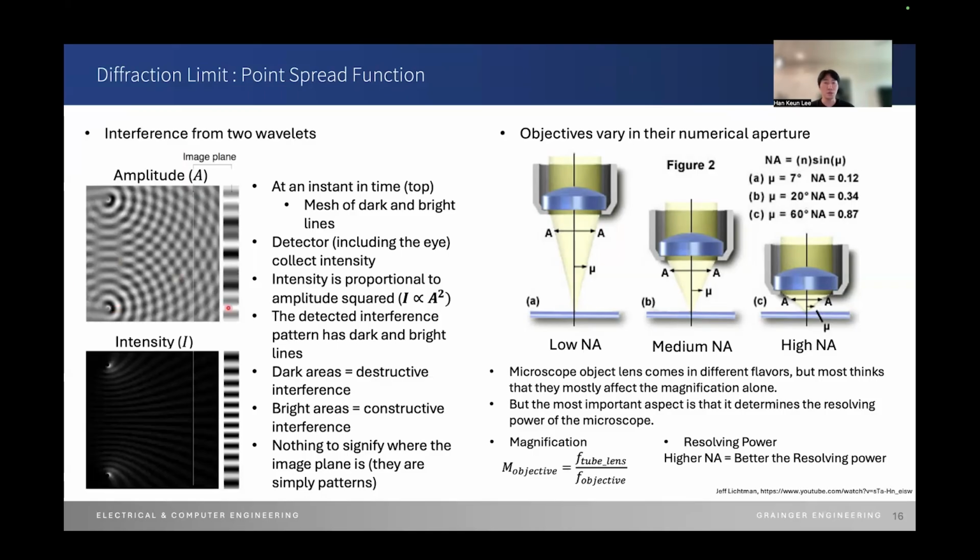For instance, in a low numerical aperture objective lens, you can see that a smaller cone of light is being collected, and as it gets to higher numerical aperture, more of the cone of light is collected by the lens. It is also true that magnification is related to the focal length of the tube lens divided by the focal length of the objective lens. However, depending on the objective lens numerical aperture, we can achieve a better resolution.